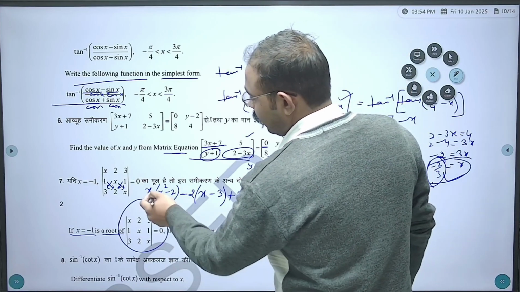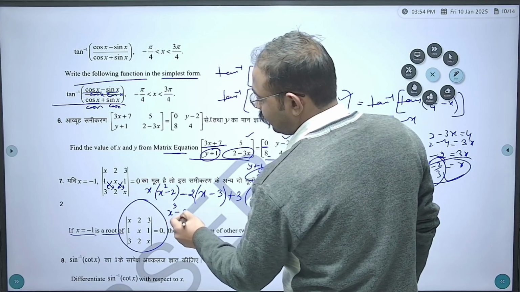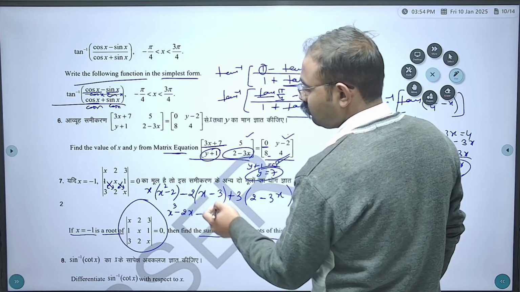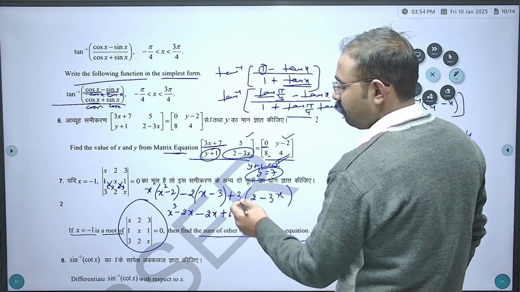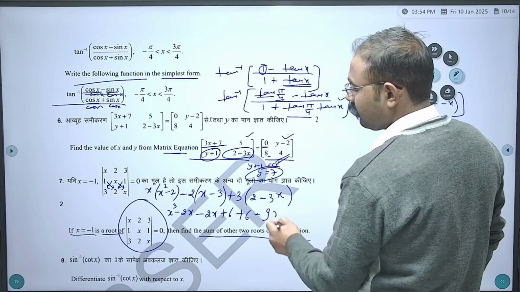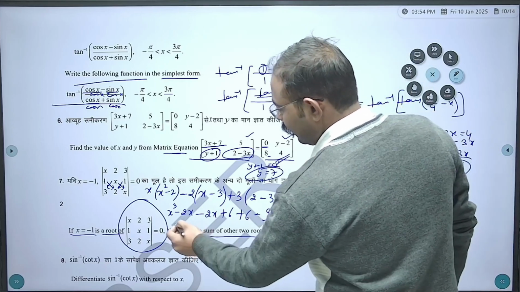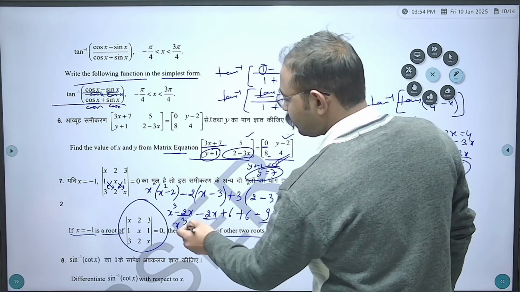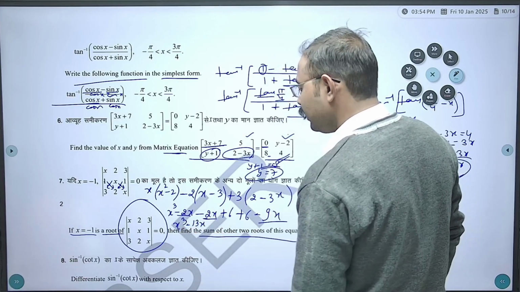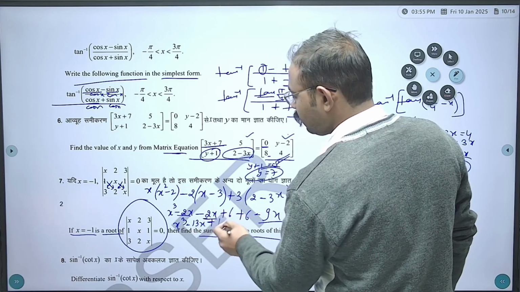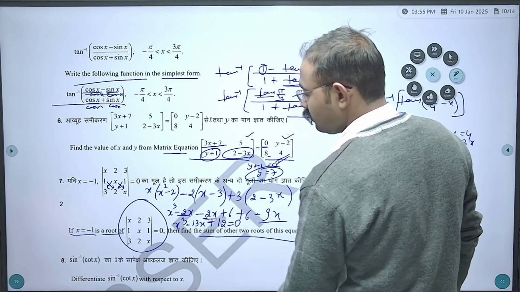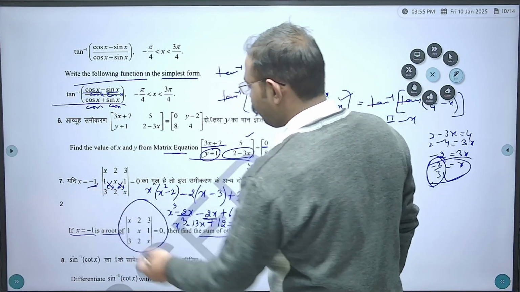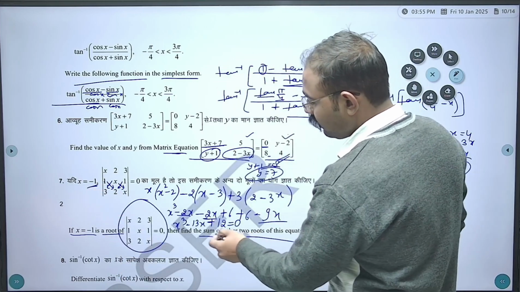By simplifying these, x into x square, x cube, minus 2x, minus 2 into x, minus 2x, minus 2 multiplied by minus 3, then plus 6 plus 3, 2 into 3 is 6, minus 3, 3 into 3 is 9x. x cube minus 2x minus 2x minus 4x minus 9x, minus 13x, plus 6 plus 6 is 12, equals 0. This is a cubic polynomial and one of its zeros is given to us. We have to find the sum of the other two zeros.